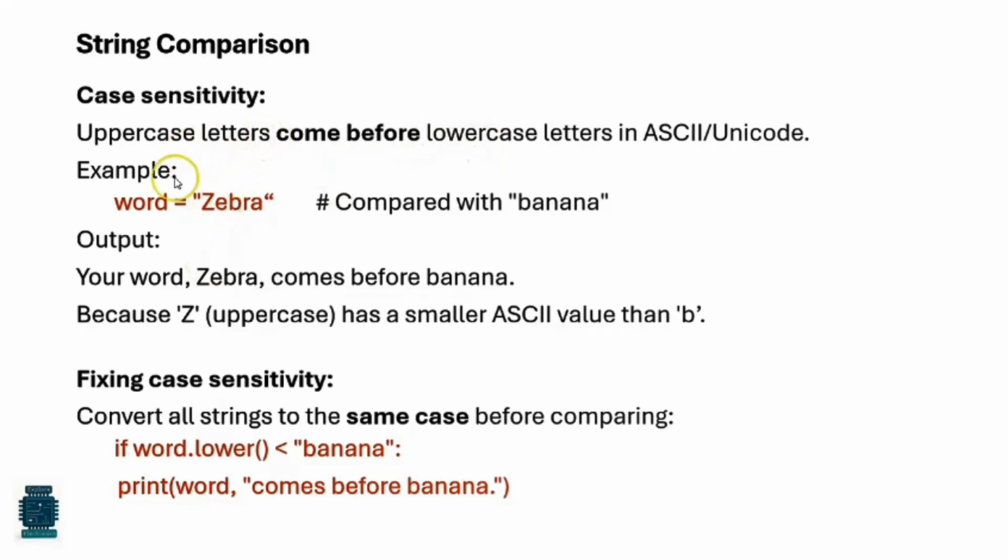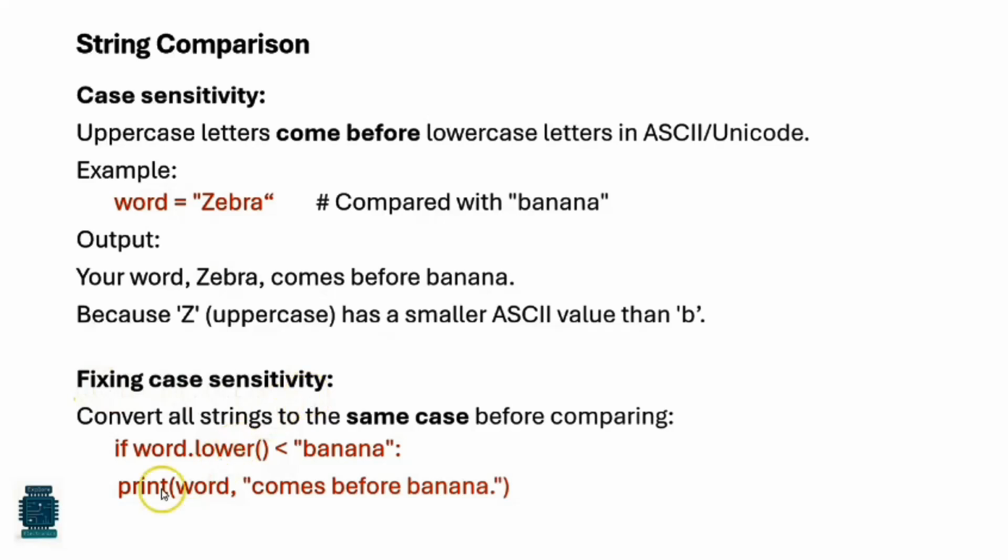Remember this. Whenever you get the uppercase in your string, it will come before the lowercase. Because Z, the uppercase, has a smaller ASCII value than b. That's why it will come before the word banana. Got it? Very clear?